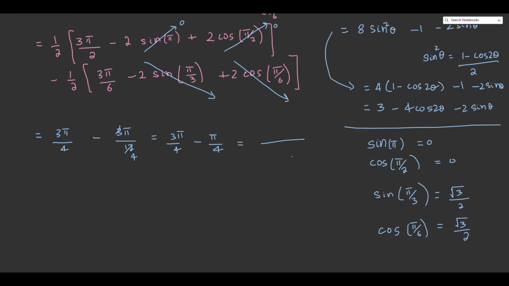Since the denominator is same, we can write this as 3 pi minus pi, and that will give you 2 pi by 4, that will be equal to pi by 2.